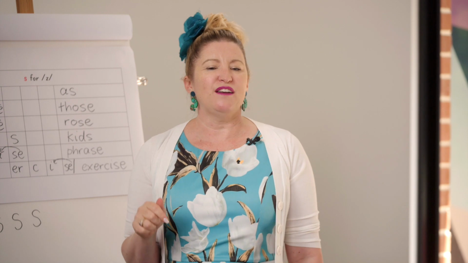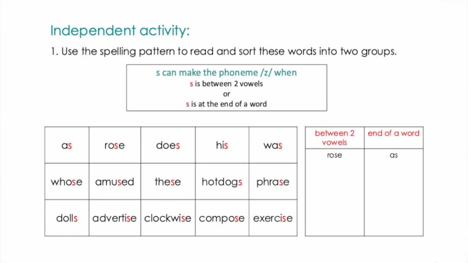Are you ready now then for your independent activity? On your screen, you will see a word chart with lots of words in it. And those words will have the S grapheme making Z either between 2 vowels or at the end of words after a voiced sound. What you need to do is to sort those words into the 2 places where they come in the spelling rule.